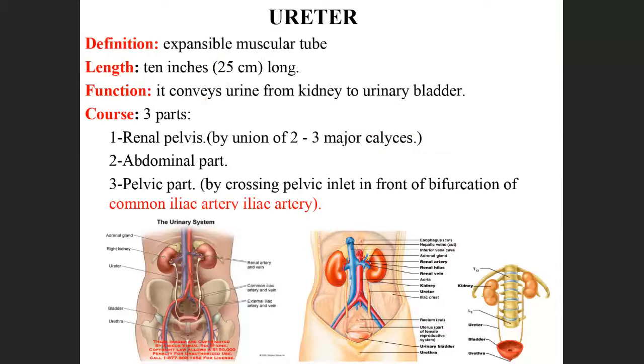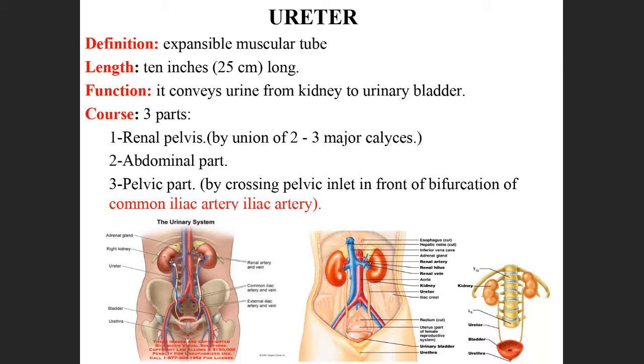Next is the ureter. What is the ureter? It comes from the kidneys. See here, it is the structure which comes from the kidneys. What does it do? The ureter collects the urine from the kidney and passes it to the urinary bladder.